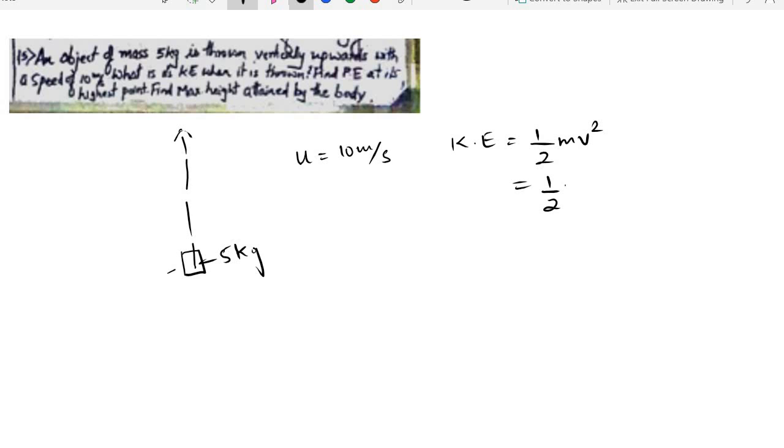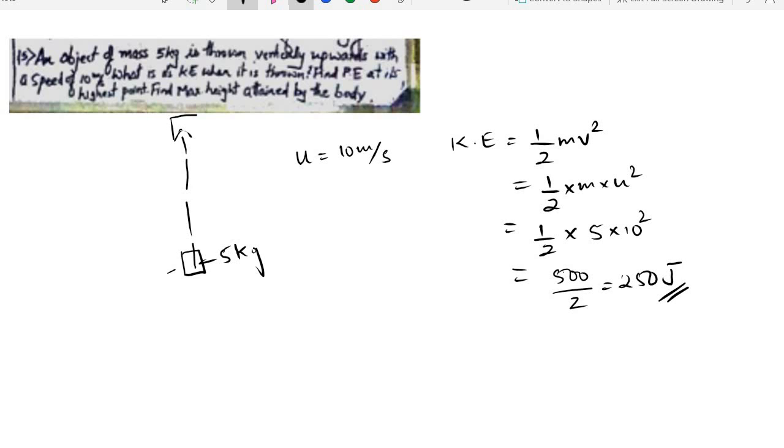At this point, the v is nothing but the u, so half into m into u squared, which is half into mass is 5 and this is 10 square. So this is 500 by 2, which is 250 joules.